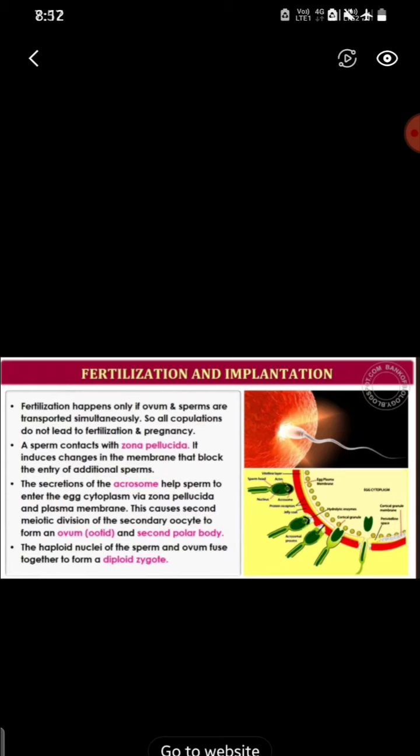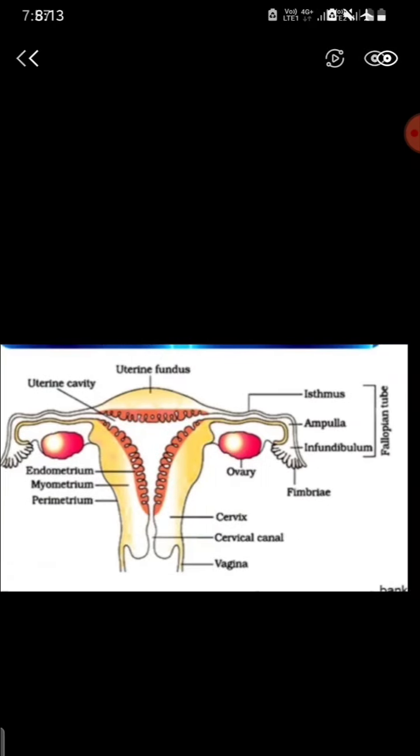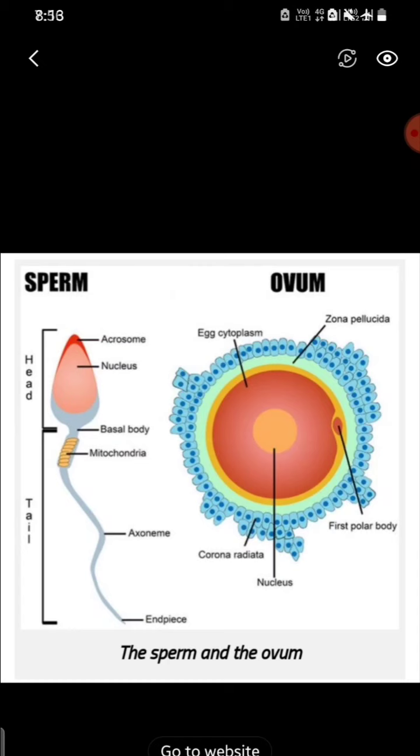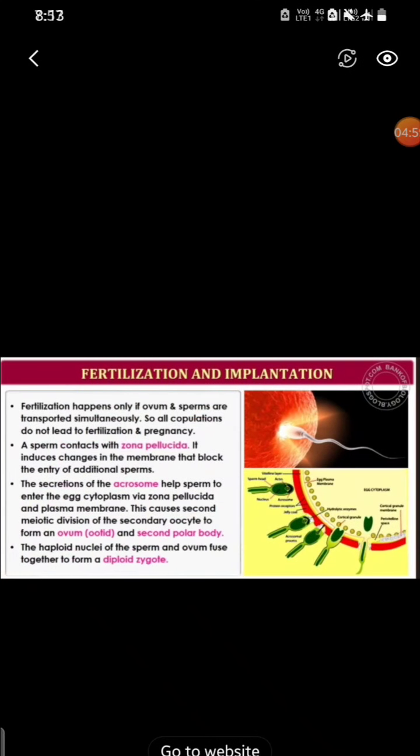Okay, so a sperm contacts the zona pellucida. It induces changes in the membrane that block the entry of additional sperms. So where is the zona pellucida? You can see here, the egg's zona pellucida region. The sperm contacts the zona pellucida region.